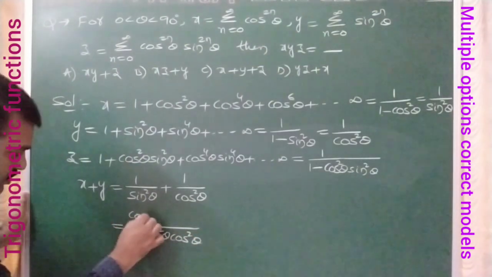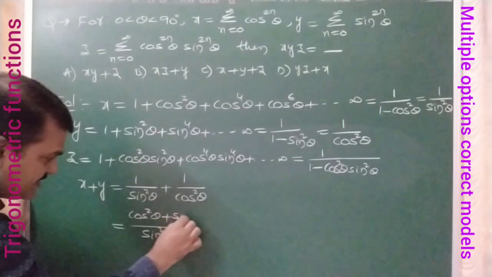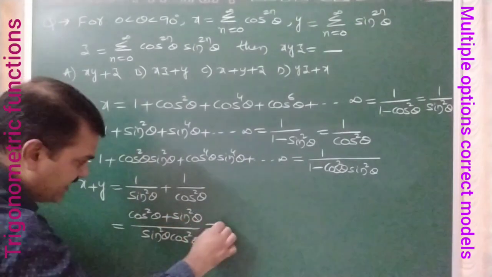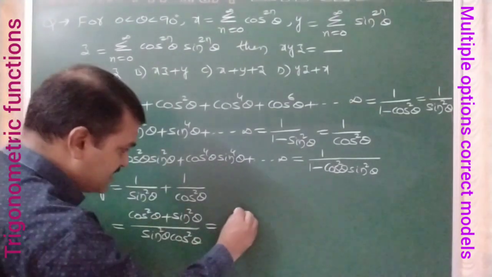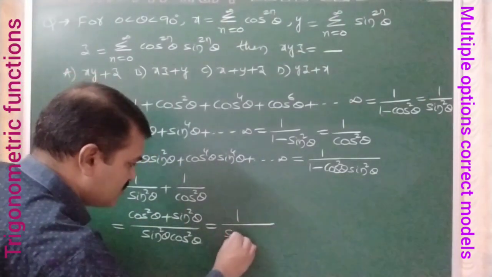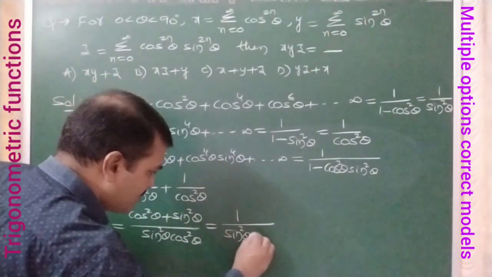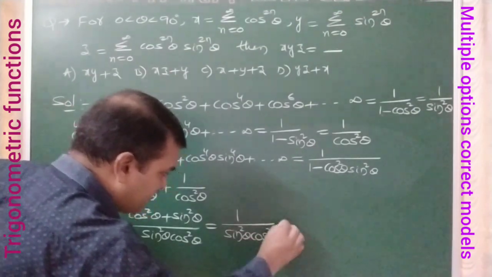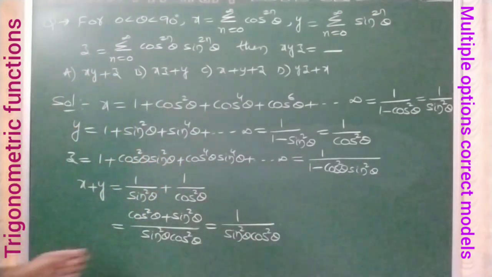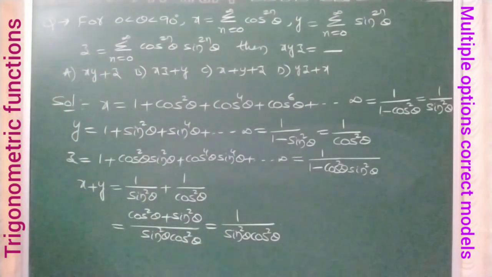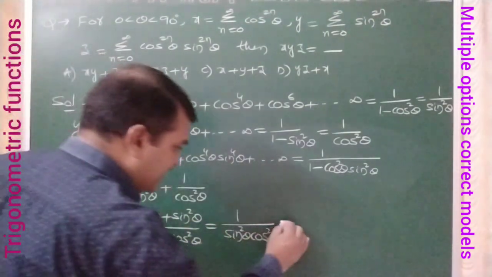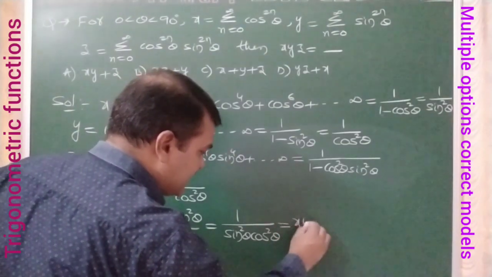So you are going to get cos squared theta plus sin squared theta in the numerator, which is 1. Therefore we get 1 by sin squared theta cos squared theta.